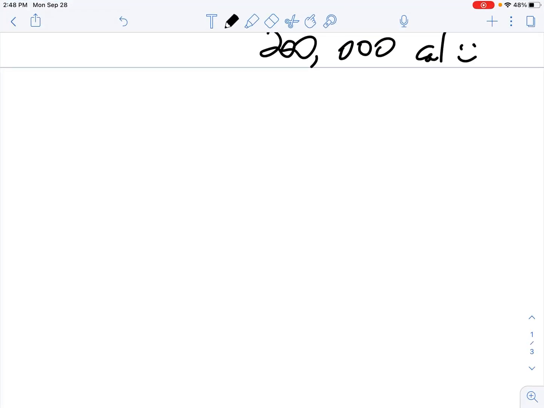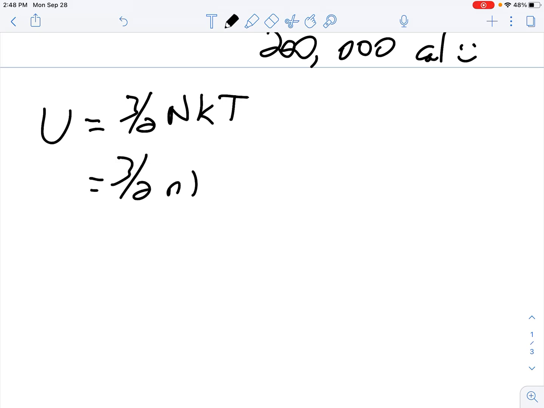So we know from before that the specific heat of something can be written as 3/2 NkT, or we had 3/2 nRT if we wanted to do it that way.